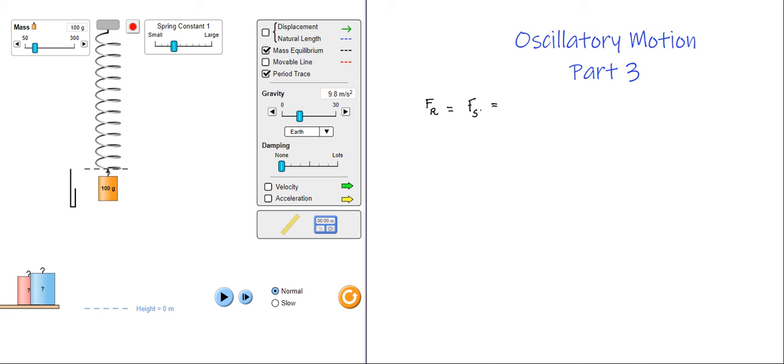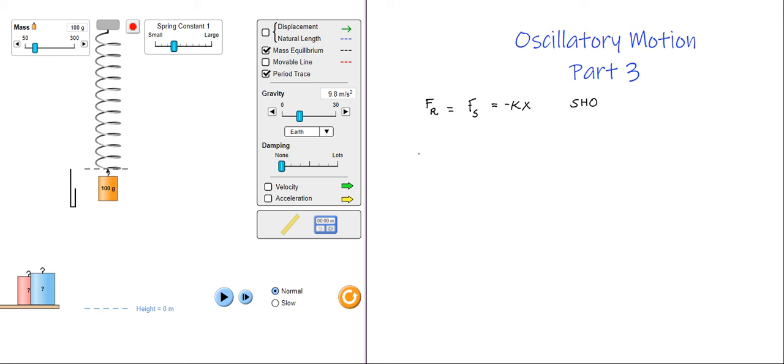Now this is a linear spring, so the restoring force will always be directly proportional to the displacement, which means this is a simple harmonic oscillator. Now a simple harmonic oscillator, remember, is a linear relationship between the distance stretched and the force exerted at any given position.